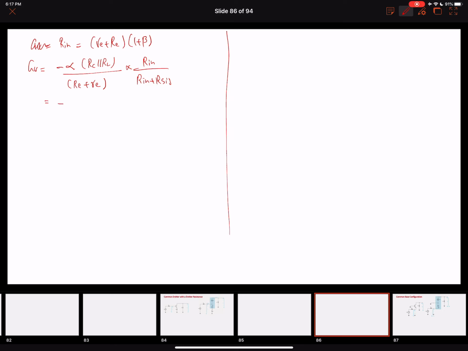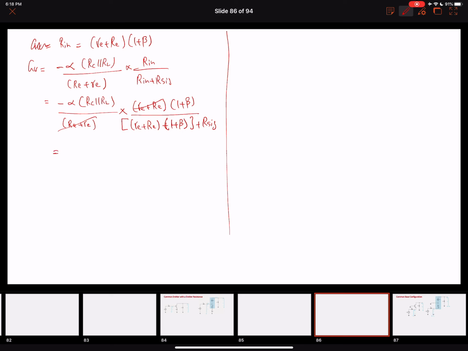Again, minus alpha RC in parallel with RL over RE plus RE, multiplied by the input resistance, RE plus RE into 1 plus beta, divided by Rin plus Rsig. So Rin is RE plus RE into 1 plus beta, plus R signal. Great, so we ended up crossing this out.